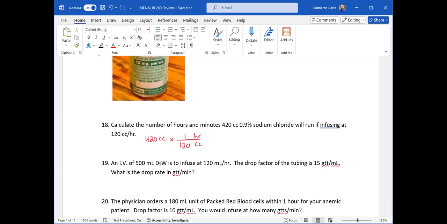You just have to make sure you're organizing it in the proper proportions. So 420 divided by 120, and I'm going to get 3.5, which is just 3 hours, 30 minutes.